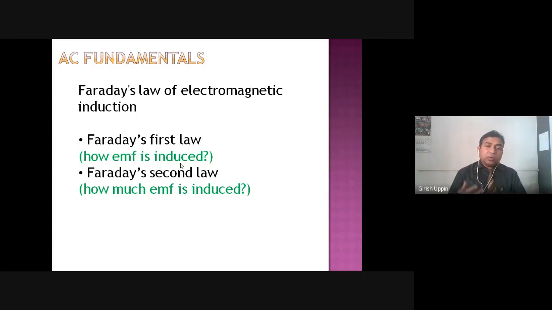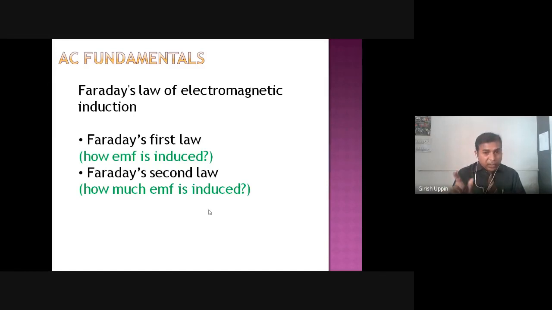The second question, we should know how much EMF is induced. The magnitude is given by Faraday's second law: the magnitude of the EMF induced is directly proportional to the rate of change of flux linkage. How fast the flux is changing with respect to that conductor will decide the magnitude of the EMF.